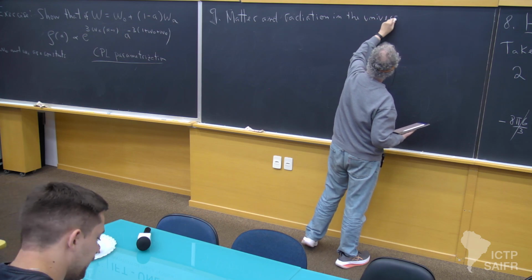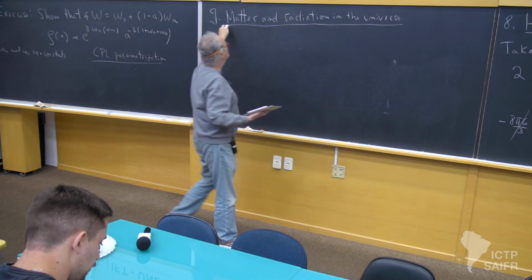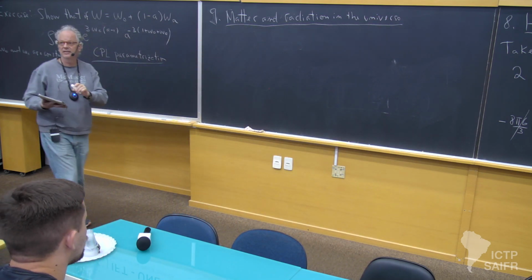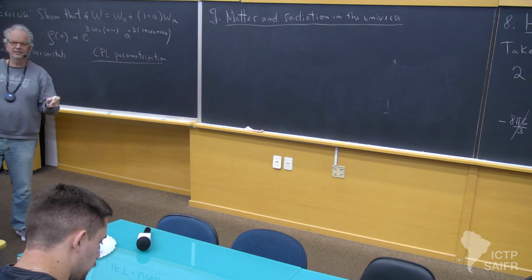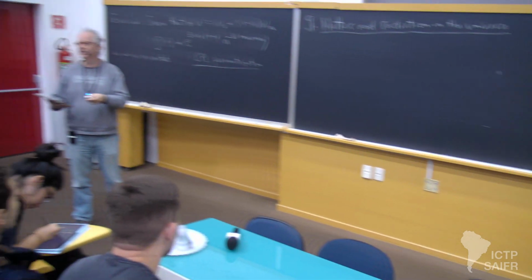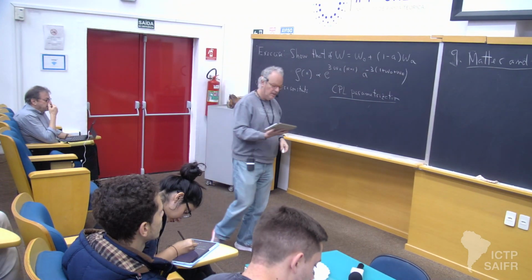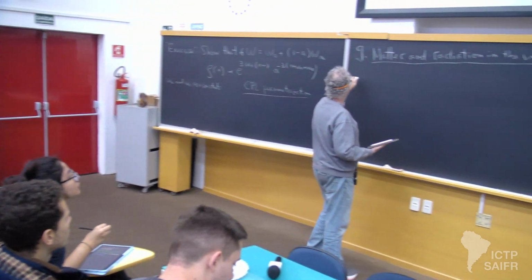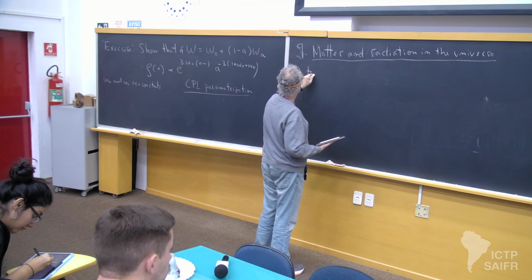So we can broadly classify the fluids in the universe into two types. One that's non-relativistic and the other is relativistic. So two types of fluids.